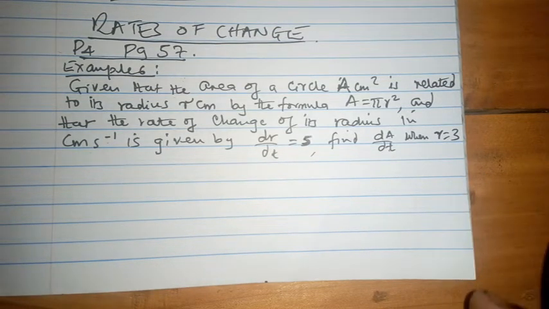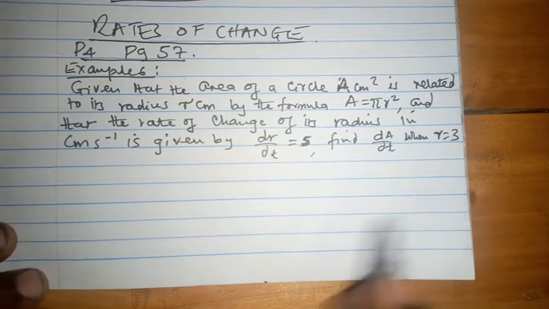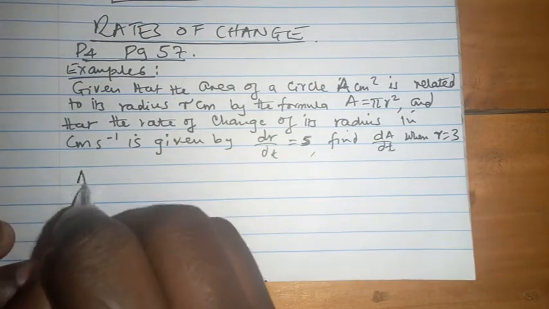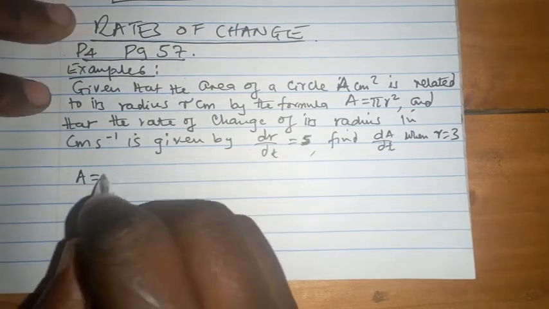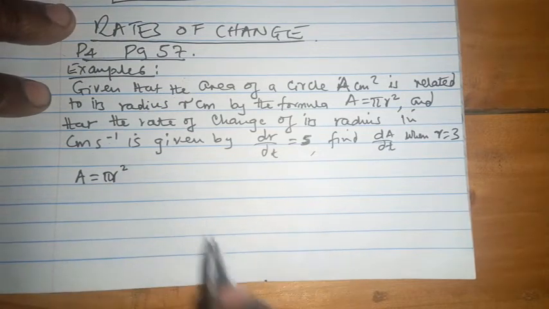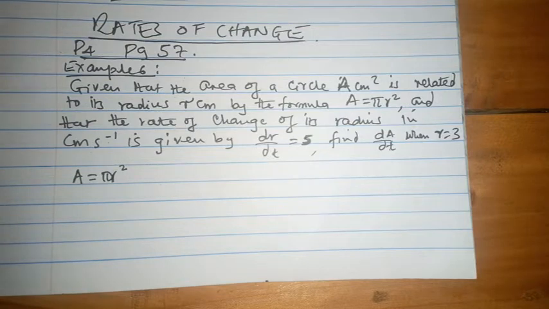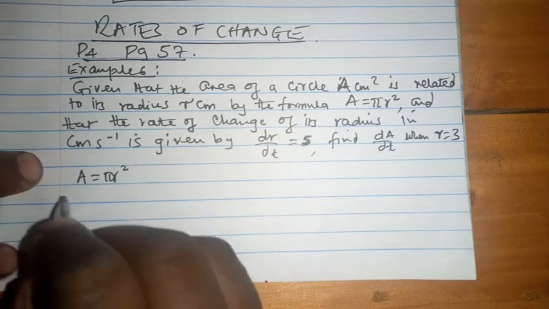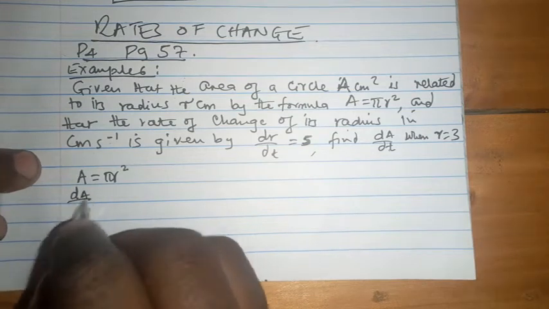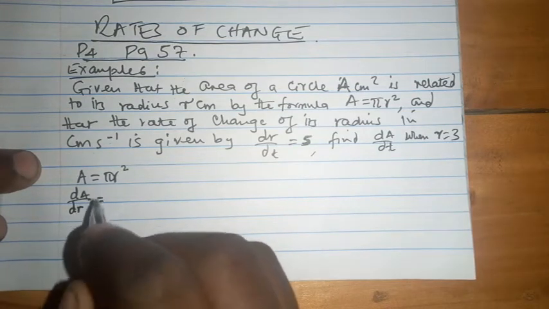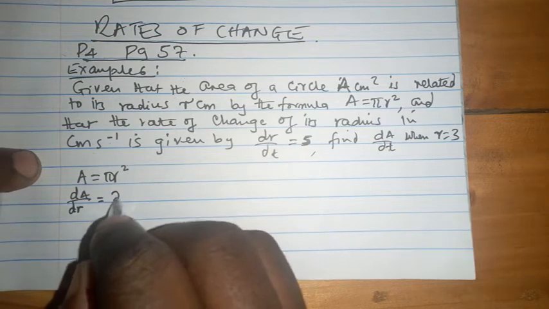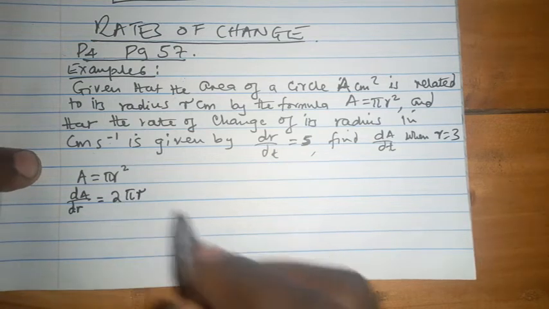And one thing you must note, you have to line up what you have. For example, we have the area, which is pi r squared, and definitely we should be able to know that dA dr is equal to 2 pi r.